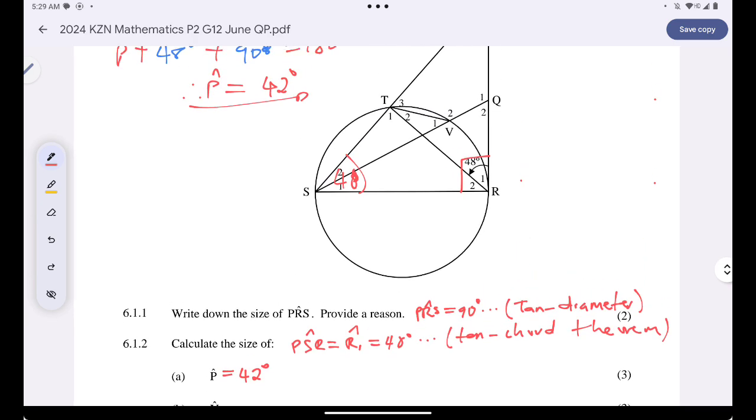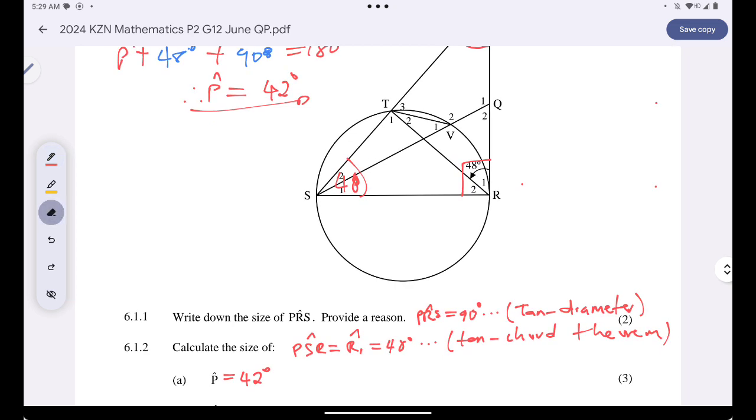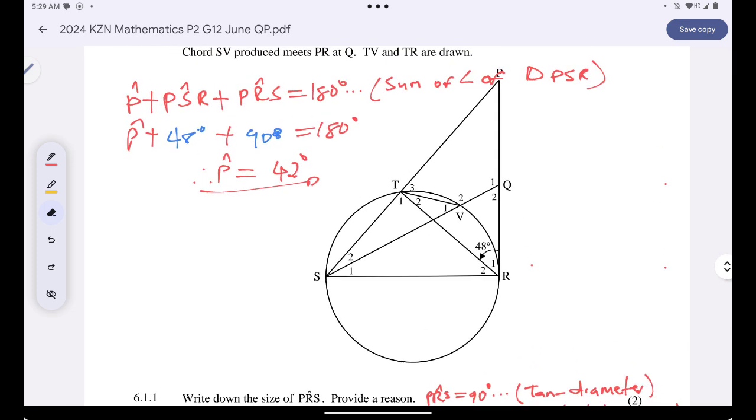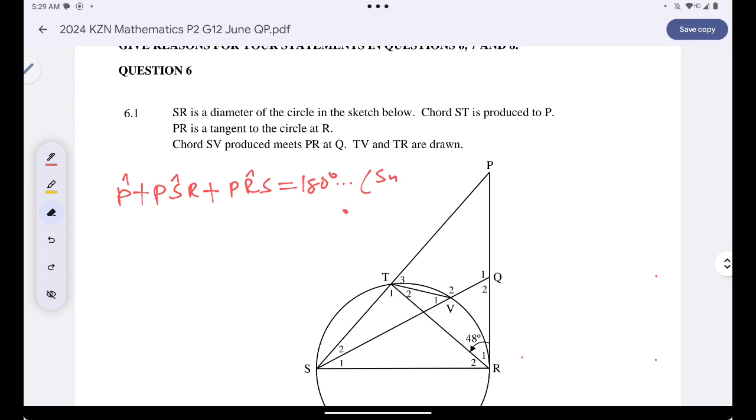Okay, now I'm asked to find V1. How can I find V1? The size of angle V1. Okay. I know that R2 and V1 are the same.